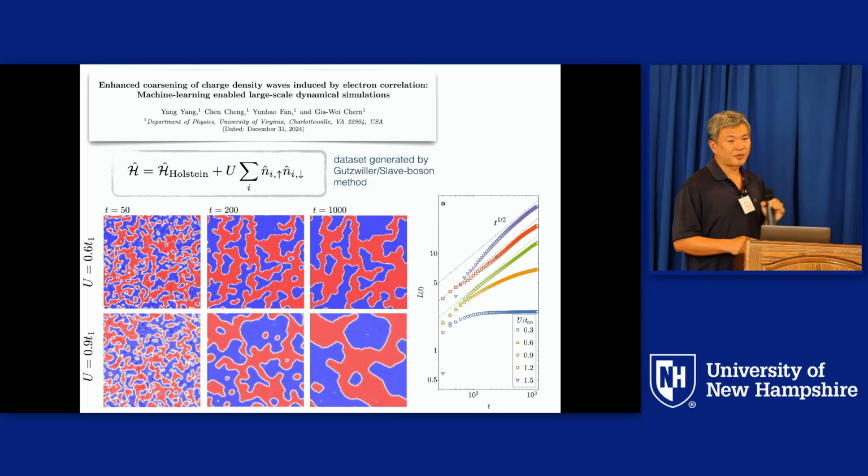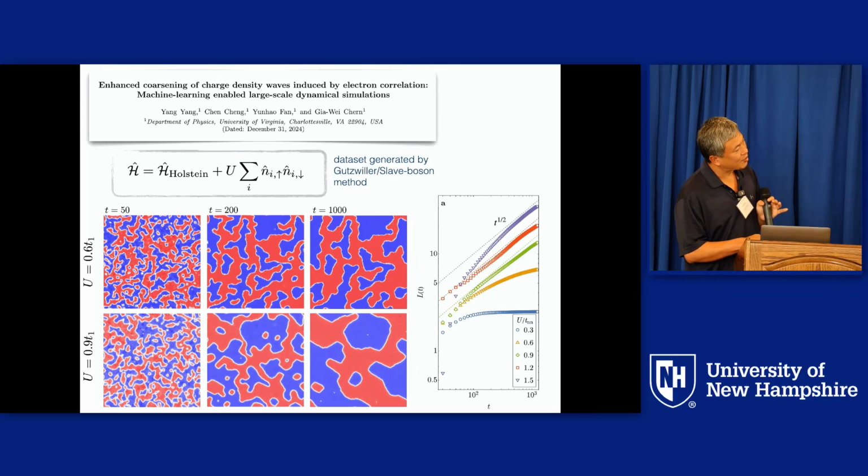These are all well below the Mott transition. And by applying this to a few different Hubbard U, this is the time dependence of the characteristic length. And you can see that at very small U and at low temperature, we actually have this freezing phenomenon. That means that the domains stop growing at long times.